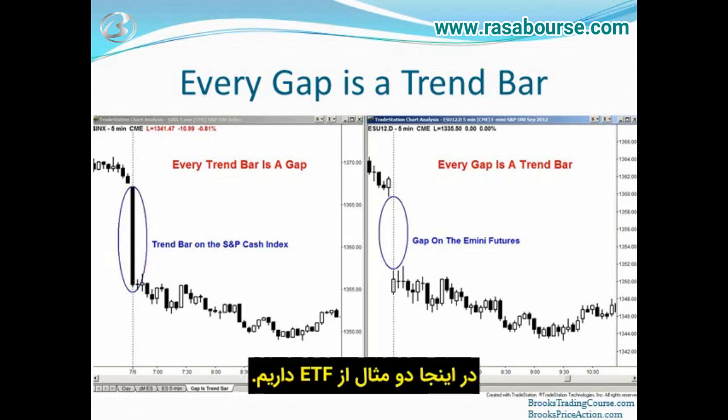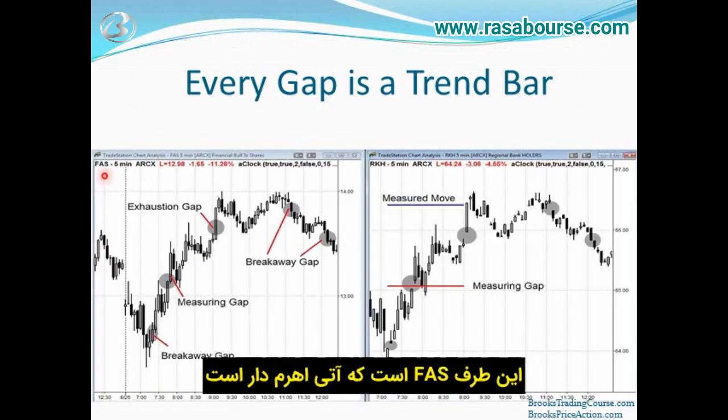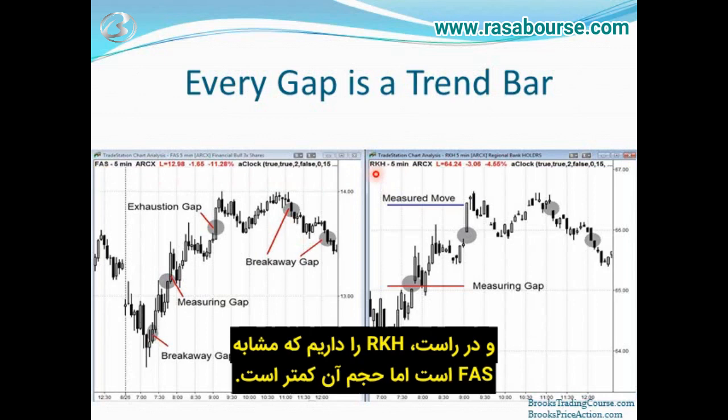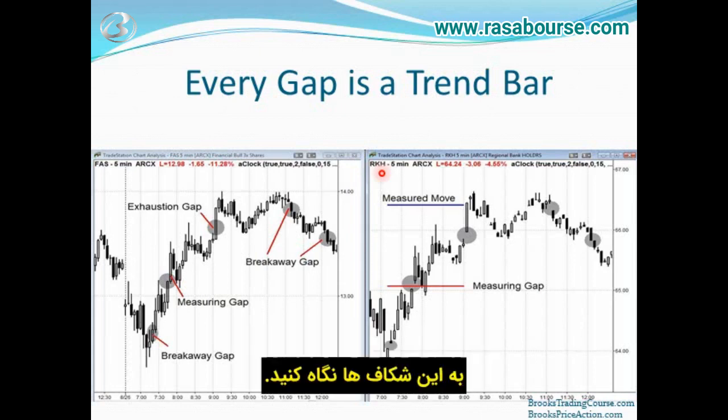Here's an example of two ETFs. Here's the FAS, which is a financial leveraged ETF, basically the XLF with some leverage. On the right is the RKH, which is also an ETF comparable to the FAS and the XLF, but the volume is much thinner. And look at all these gaps.